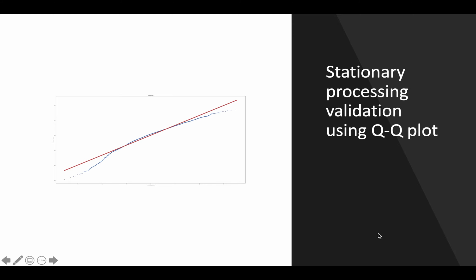One step further, I validated my stationary process using a QQ plot. As you see, if all the points are closer to the red line, which is the normal distribution line, it indicates the data behaves much more like a normal distribution.